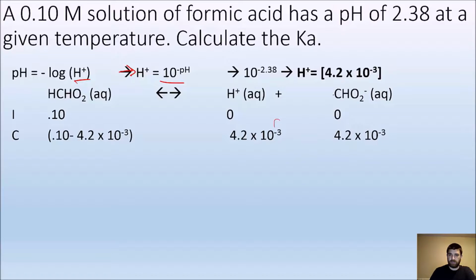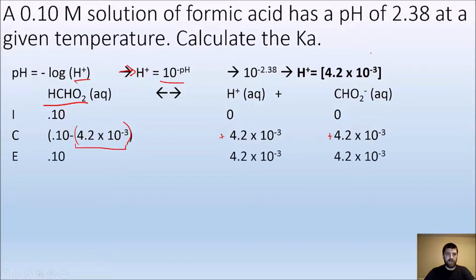I figured out the H+ concentration, so that's how much it changed. For the original acid, that's how much got used up, so I want to subtract that from the original concentration. And for the H+ and the anion concentration, it went up that much. So at equilibrium, I have these values.